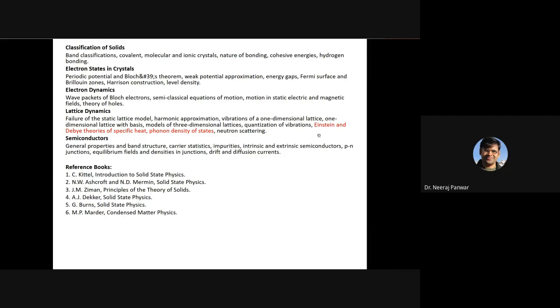Then it was remodified by Einstein based on the quantum theory. However, the Einstein model also could not explain the fall of heat capacity of solids at low temperature. Einstein's model predicted that heat capacity should decrease exponentially.